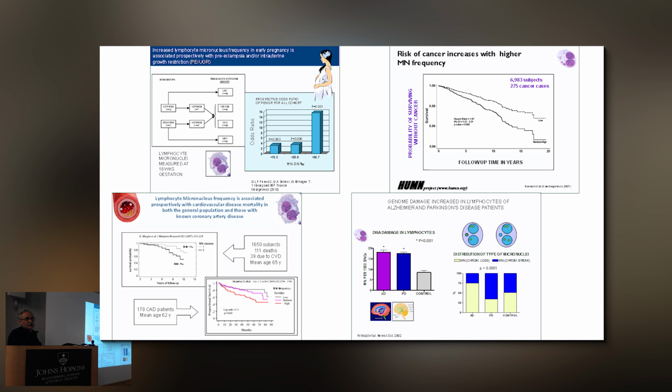Here is a study we did in mothers at 18 weeks gestation who had previously had normal pregnancies. We tested the hypothesis that the micronucleus index at 18 weeks gestation might predict the risk for preeclampsia or intrauterine growth restriction of the fetus.